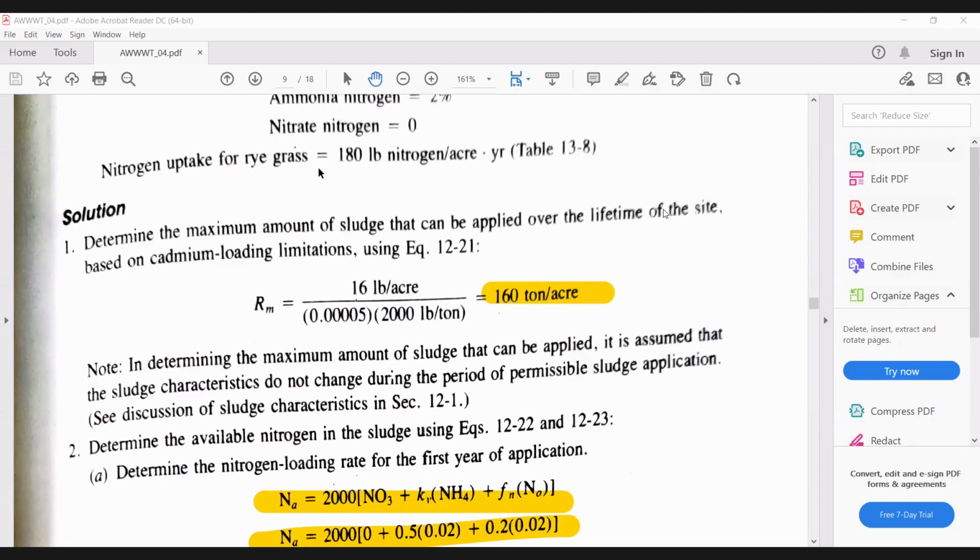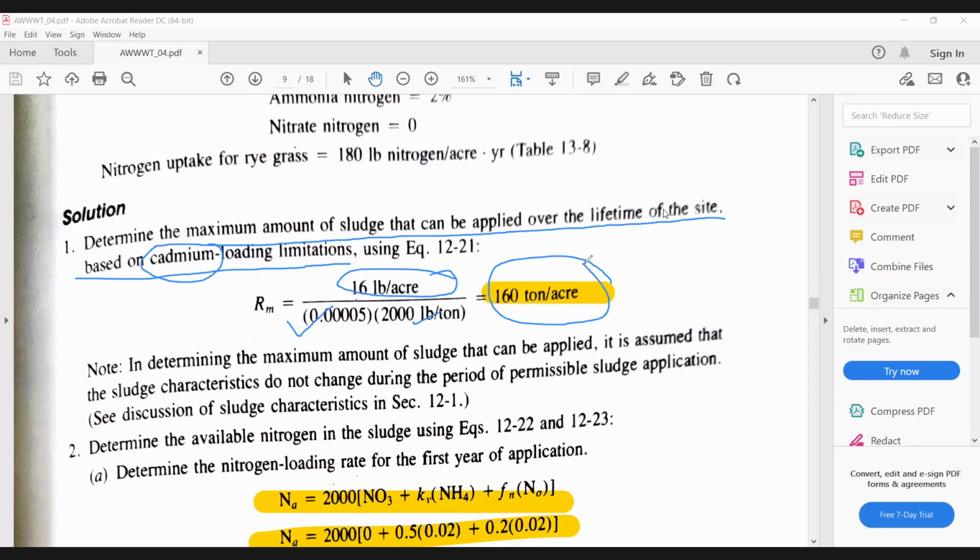So first, we are going to determine the maximum amount of sludge that can be applied over the lifetime based on the cadmium loading limitation, because the local regulatory body has a limit. That limit is 16, and with the cadmium concentration in the sludge and a conversion factor, we get 160 tons per acre.